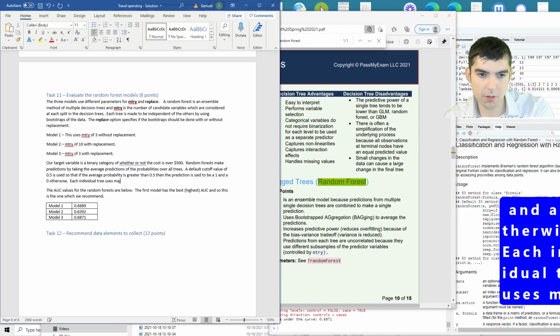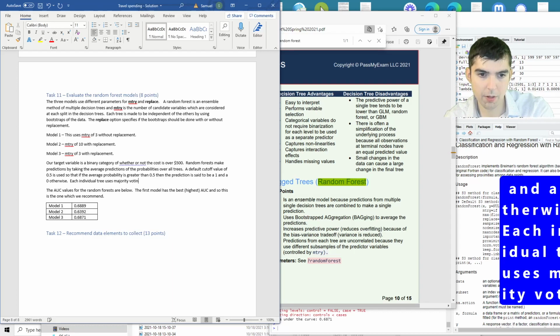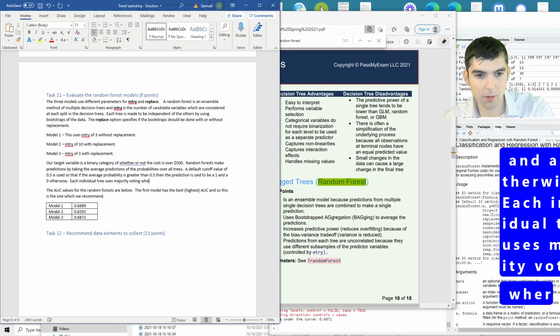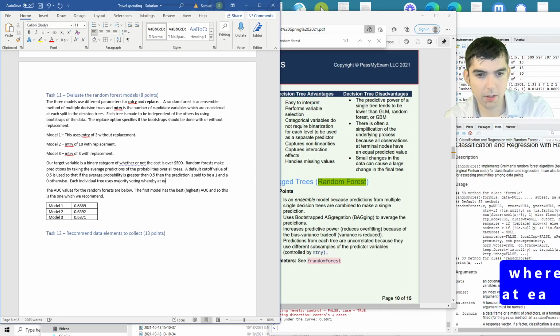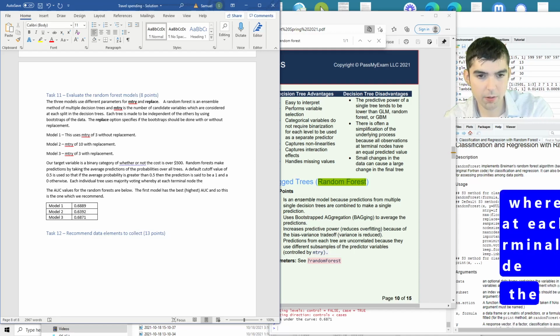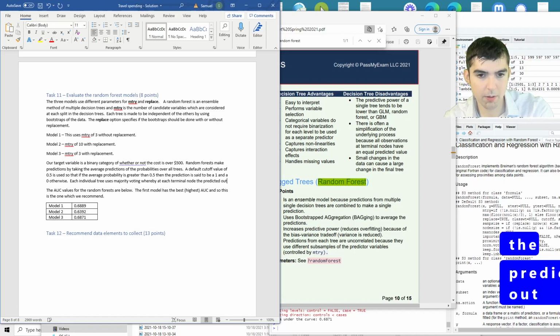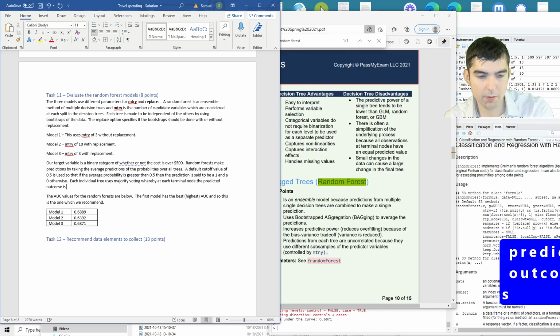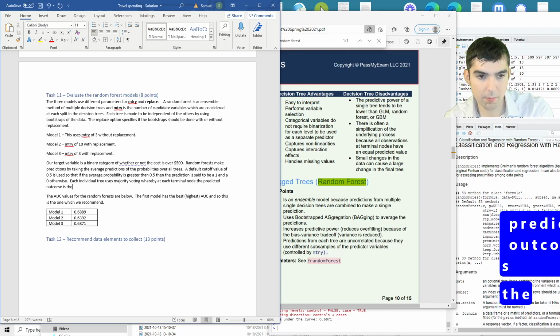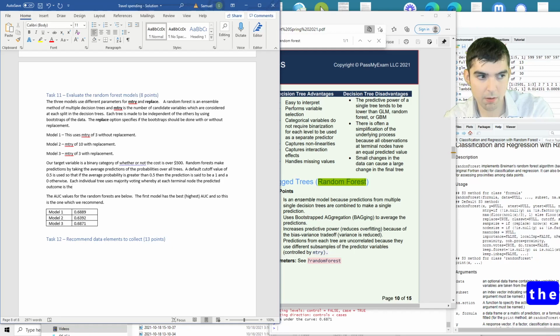Each individual tree uses majority voting, whereby at each terminal node, the predicted outcome is the... let me say that again.